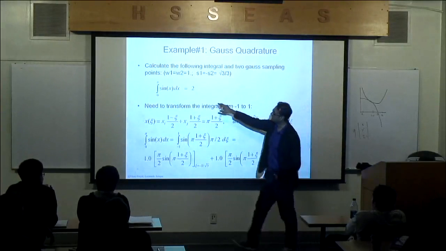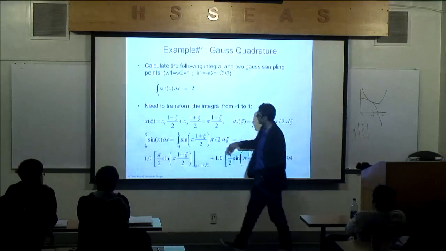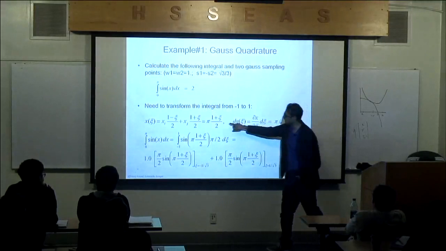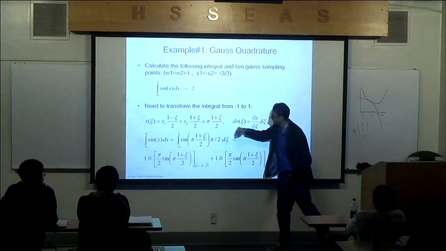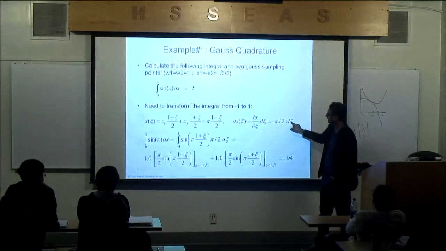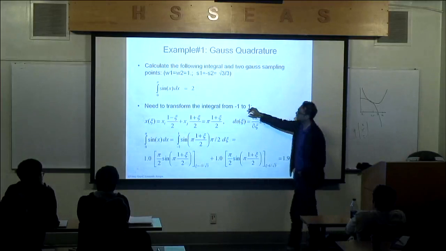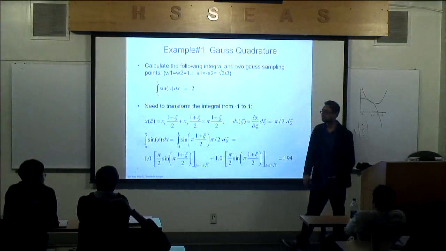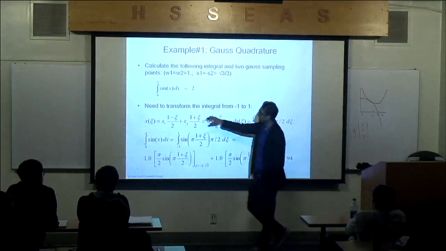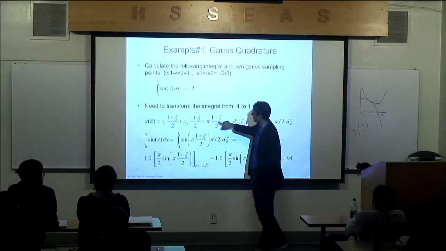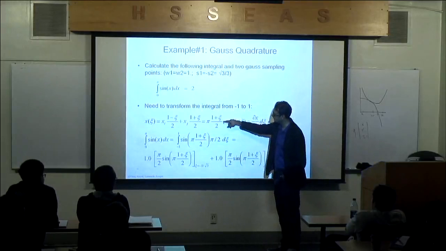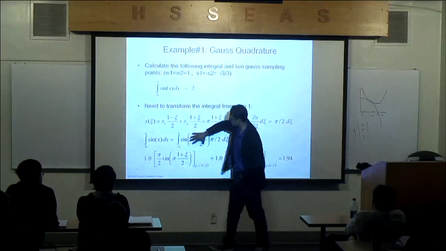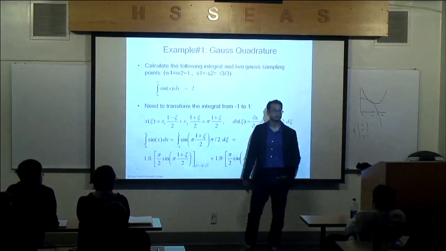I have to change the dx to dc. So dx/dc is the derivative of this with respect to c, and that's pi/2, so dx is pi/2 dc. And then for x, I substituted what x is in terms of c, so pi(1 + c)/2. I put that inside where the x was. Okay, and my limits of integration go from -1 to 1.